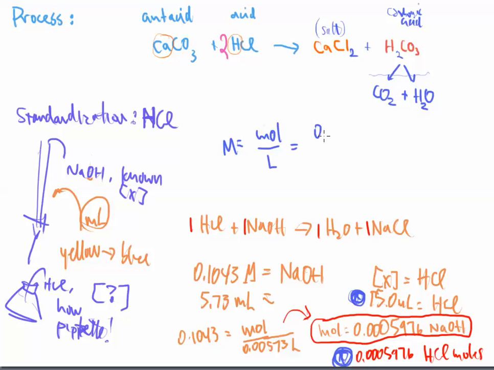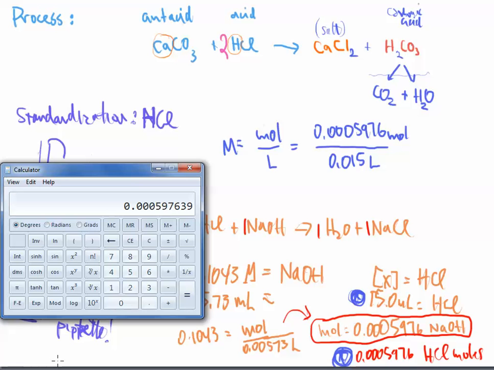The moles of HCl, 0.0005976, divided by the liters of hydrochloric acid that I started with. So that's 0.015 liter, because 15 mils. So I can take those two numbers, divide them, and I get a concentration of 0.0398.